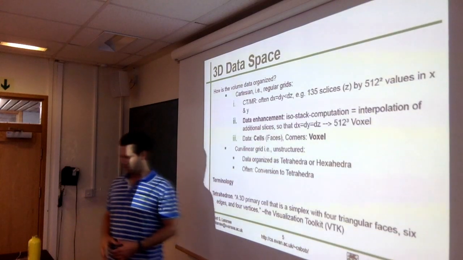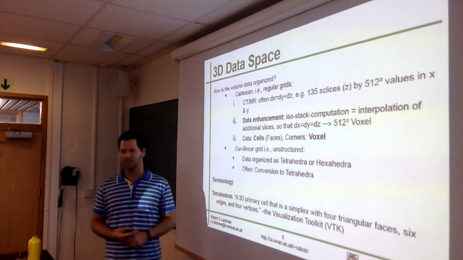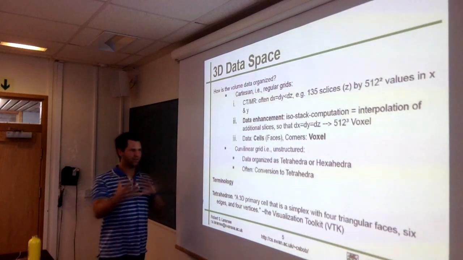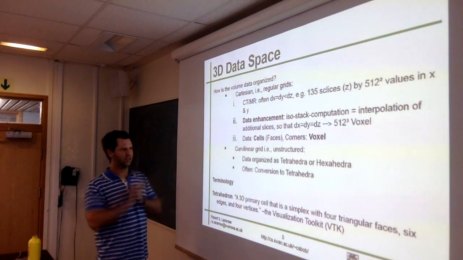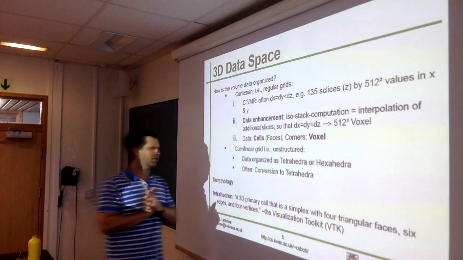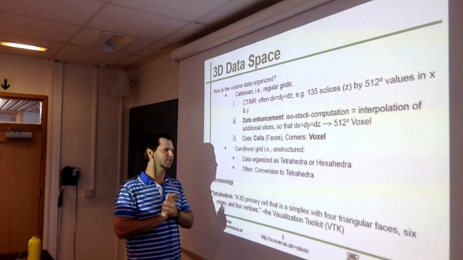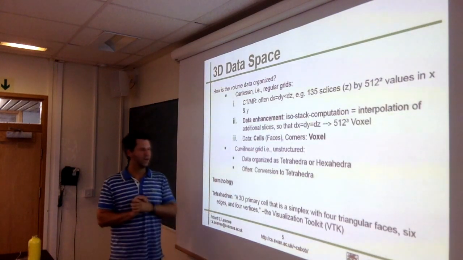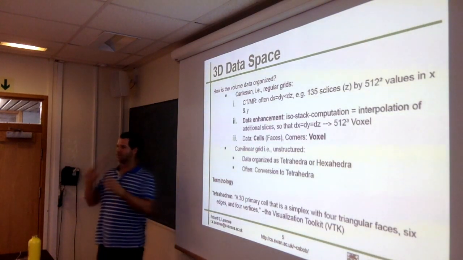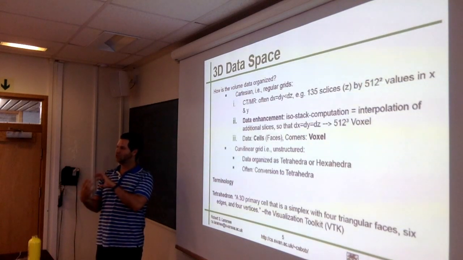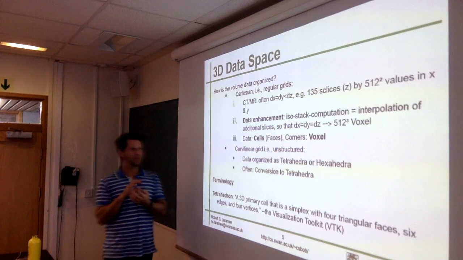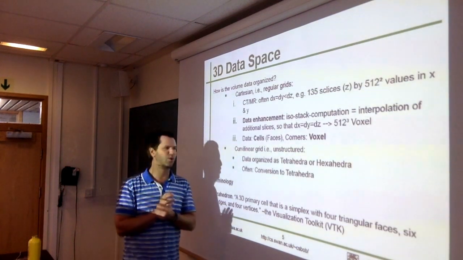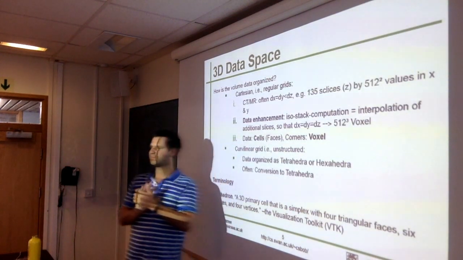And there are also unstructured grids, right, that are not so Cartesian and nicely laid out. They can be called curvilinear grids or unstructured grids. And the data is not conveniently placed on cubes, but on tetrahedra or hexahedra.